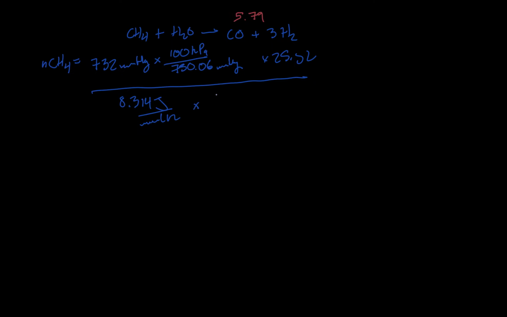There's a mole in there somewhere. Times 298.15 Kelvin. So we're going to cancel the kelvins. Joule cancels with kilopascal liters. Millimeters of mercury cancel with each other, and we should be left with moles, which we are.